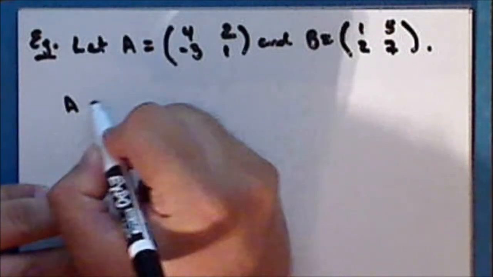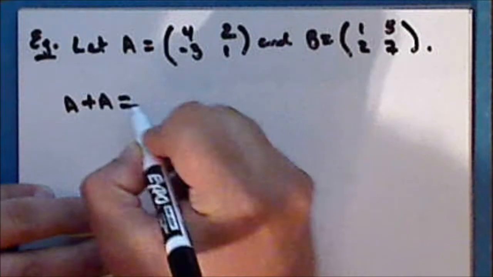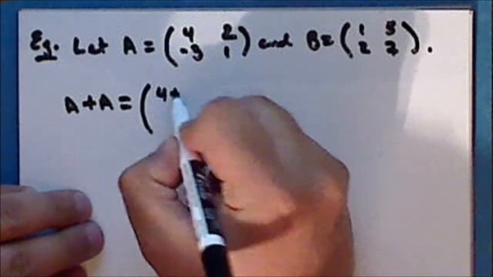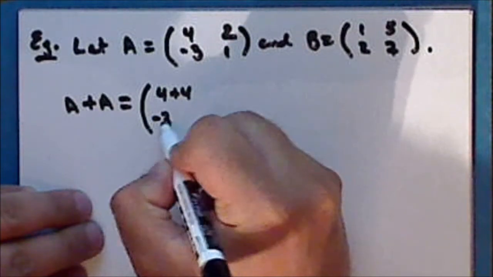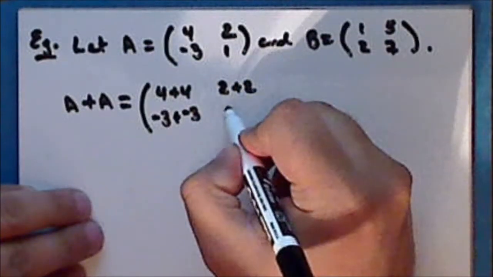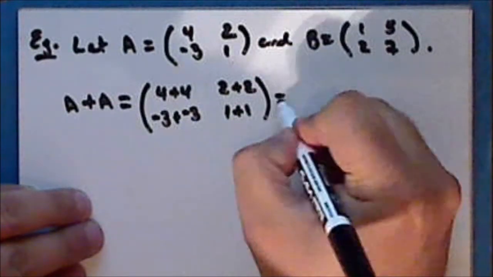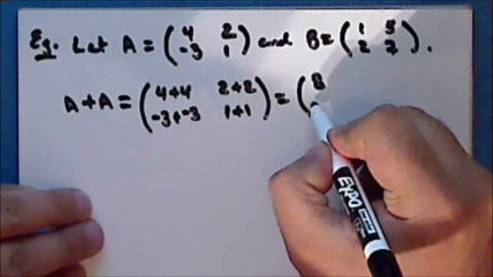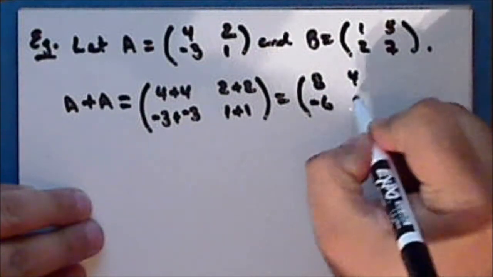The sum A plus A is the matrix with columns 4 plus 4, -3 plus -3, 2 plus 2, 1 plus 1. And this is the matrix with columns 8, -6, 4, 2.